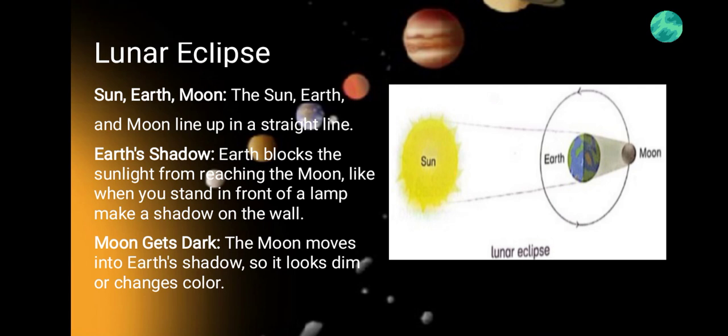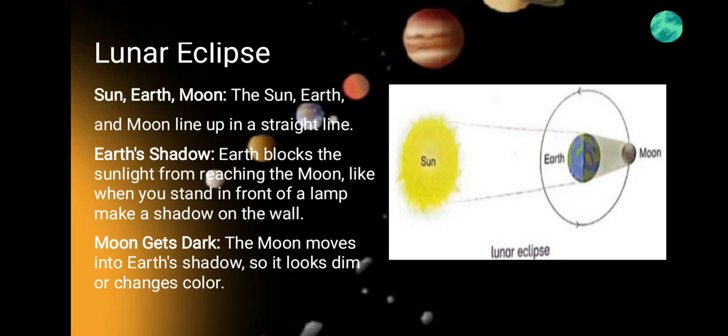Lunar eclipse. As we discussed, when the sun, earth and the moon are in a line, there is an eclipse, and here is a lunar eclipse. In lunar eclipse, you can see the earth is between the moon and the sun.